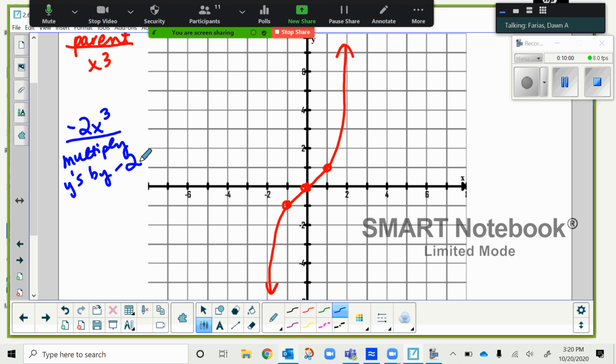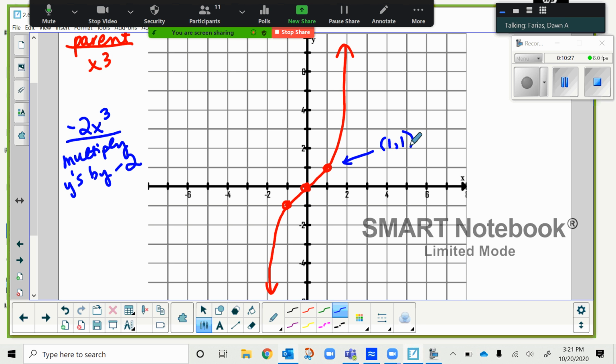So an A value of -2 means you're taking the y's on those points and multiplying them by -2. Your x values will stay the same. So for example, this point right here is 1, 1. X stays the same, the y gets multiplied by -2.